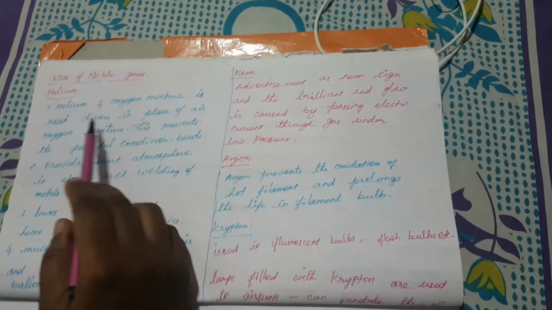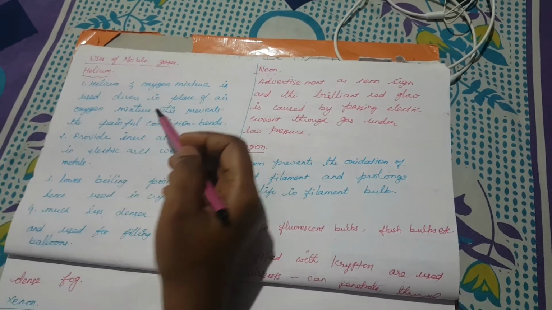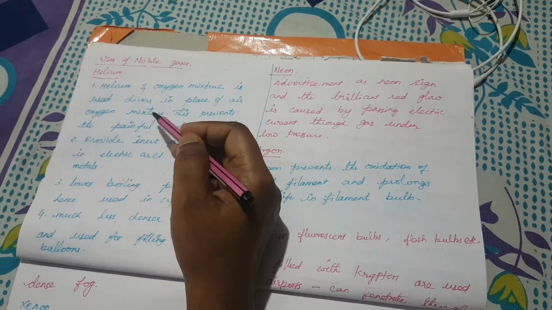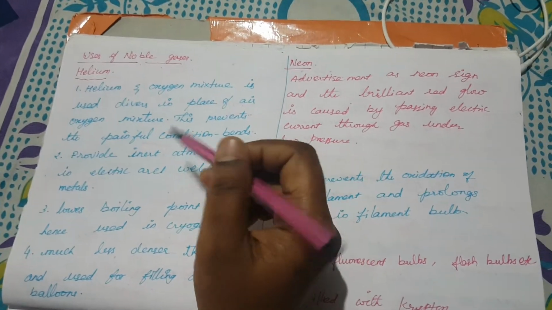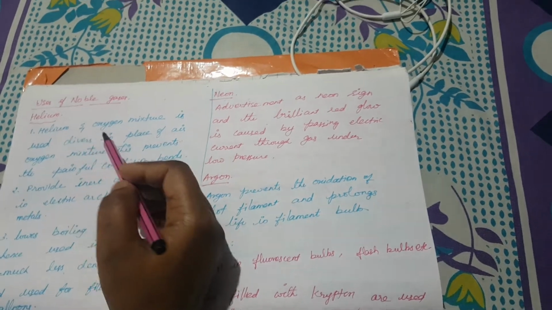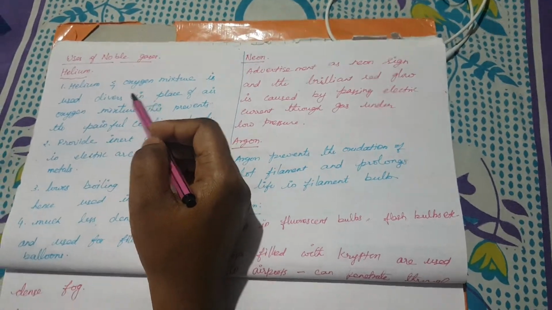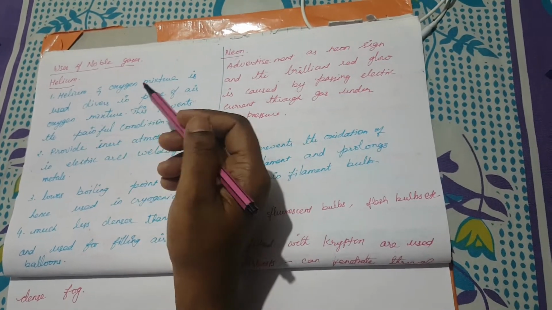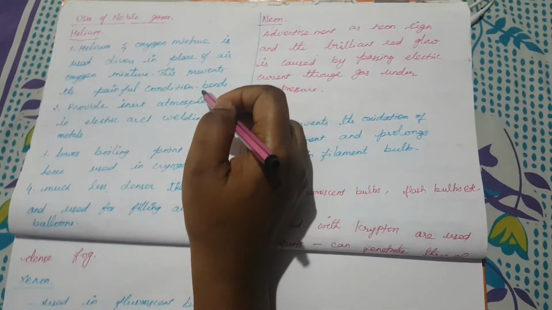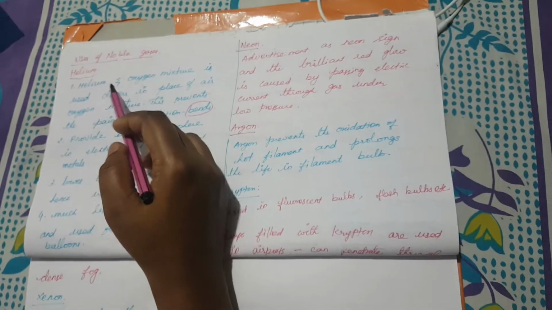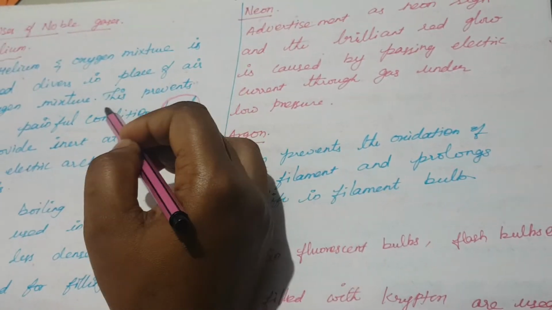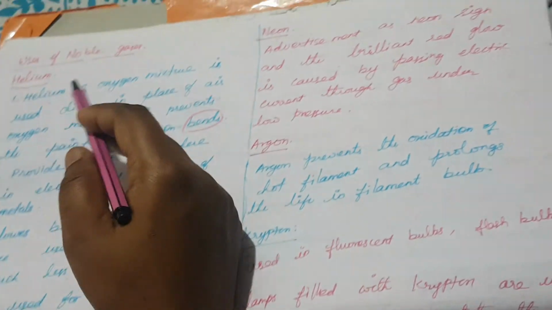Helium and oxygen mixture is used by divers, who go under the sea to collect pearls. If they use only an oxygen cylinder, a sudden painful condition will occur, but by mixing with helium gas this bends condition is prevented. This is the first use.